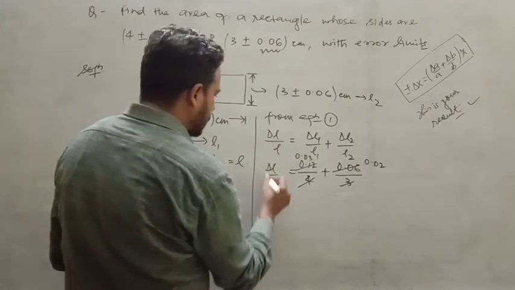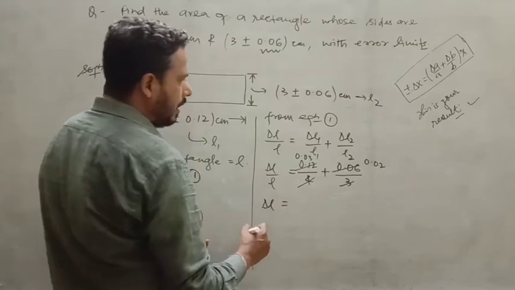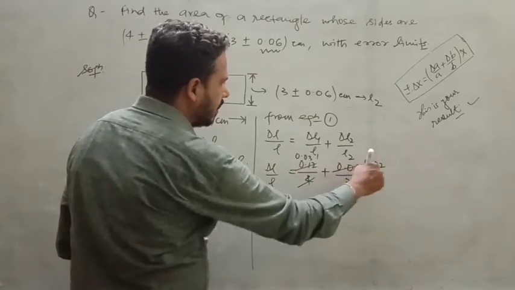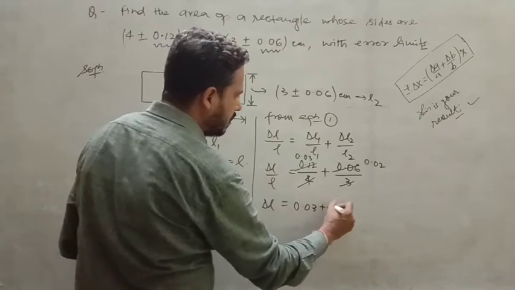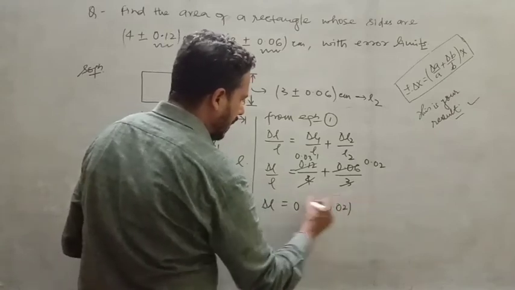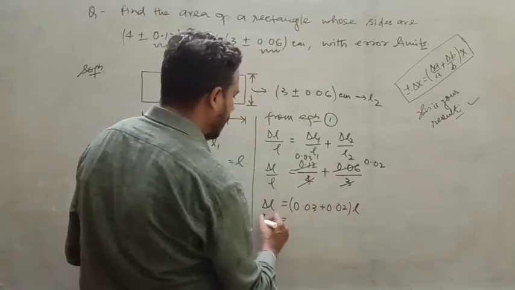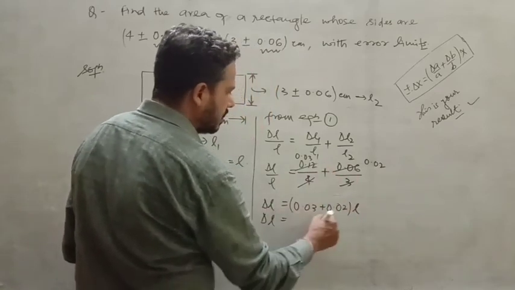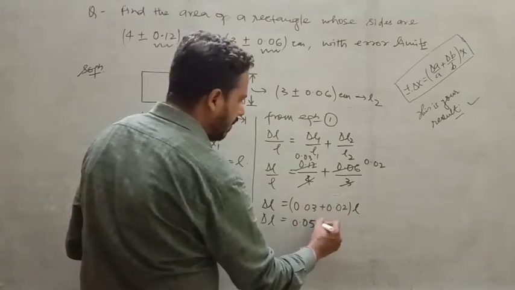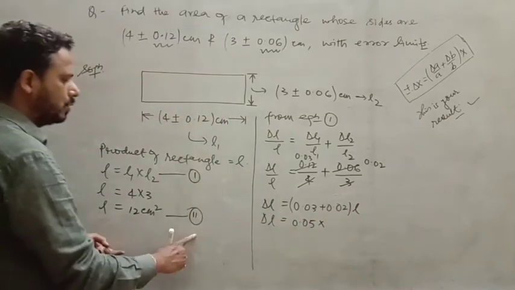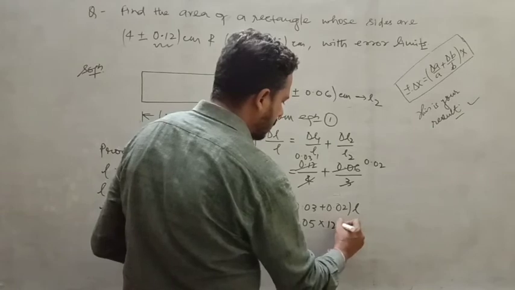So your delta L, you have to take its sum, that is 0.03 plus 0.02, and this one is multiplied by L. So finally your delta L is 0.05, and put the value of L from equation 2, that is 12 square centimeter.